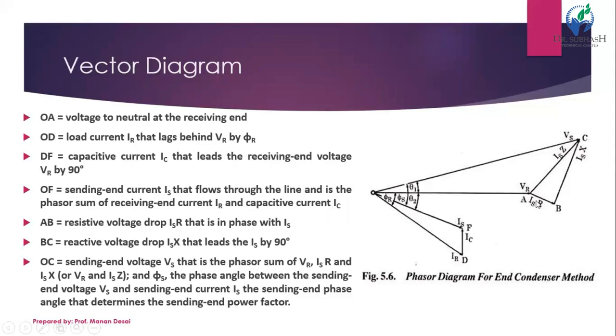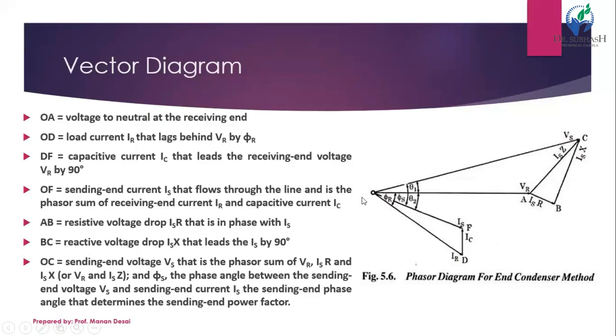AB is the voltage drop, the simple voltage drop, IR losses. So we have the notation ISR, sending end current into resistance, and the reactive voltage drop ISX, which leads by 90 degrees because of the inductive effect.